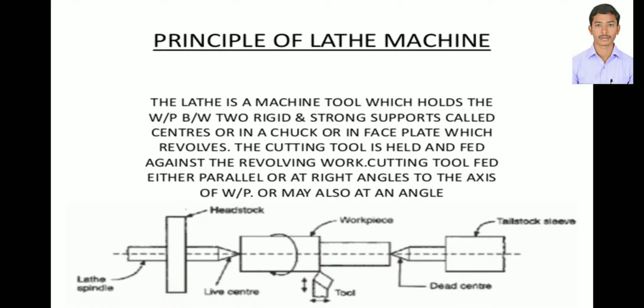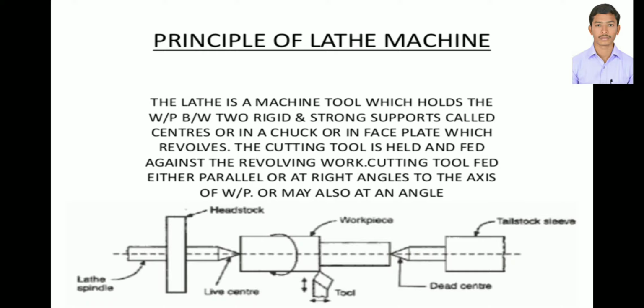The tool moves either parallel to the workpiece or at a right angle to the workpiece, or it performs some angle on the workpiece. The workpiece is rotated, so the tool should be parallel to the workpiece or we maintain some angle on the workpiece. The tool is used to remove the material from the workpiece.